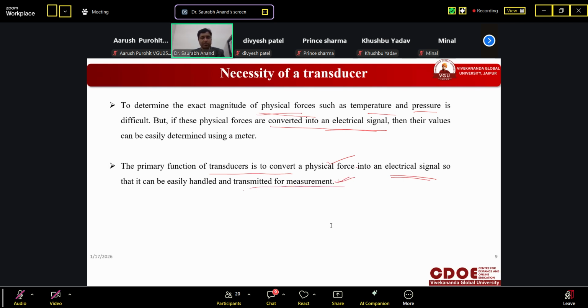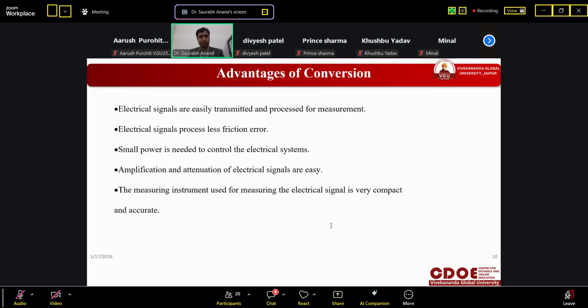Okay, so I already told you this thing. So these are the advantages, that we can transmit it, it can be measured easily. Okay, less friction error is there, it can be controlled easily.